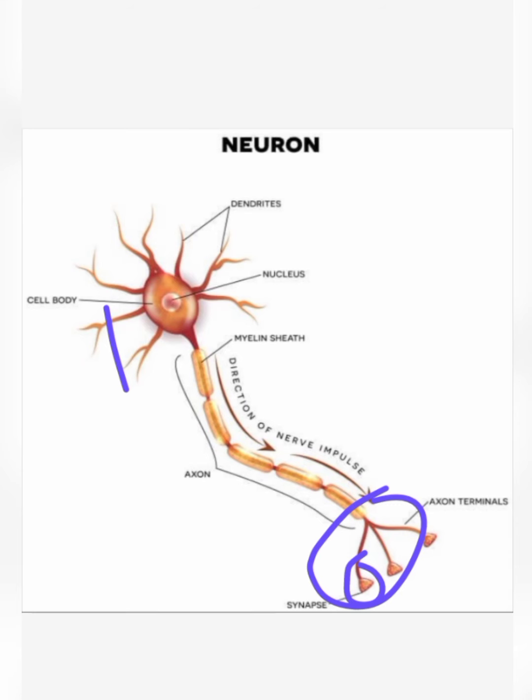The synaptic bulb contains neurochemicals called neurotransmitters, as we saw in that picture, those red structures. The junction between two neurons, that is between the dendrites of one neuron and the axon terminals of the immediately next neuron, is called the synapse, as I showed you in the picture.